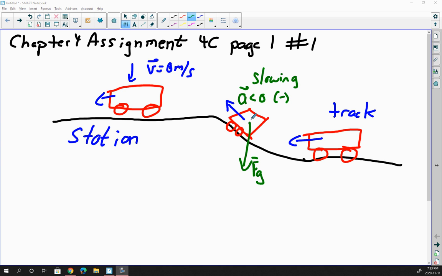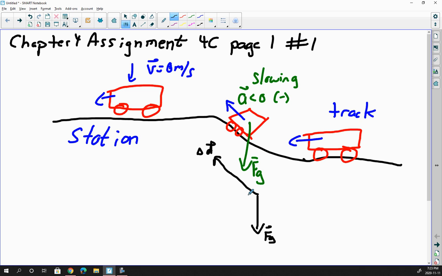So if you look at this from the idea of work, the car is going uphill here. So there's a displacement this way. And there's a force of gravity straight down. So here's the displacement of the car as it's going up the hill, and here's the force of gravity on this as it's going up the hill.